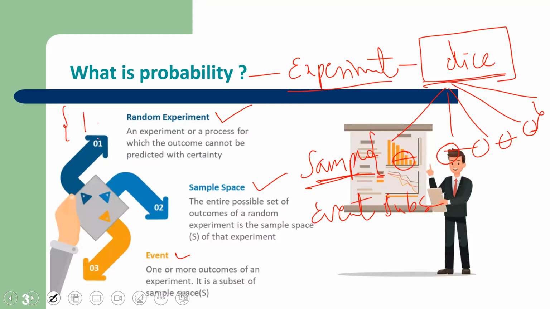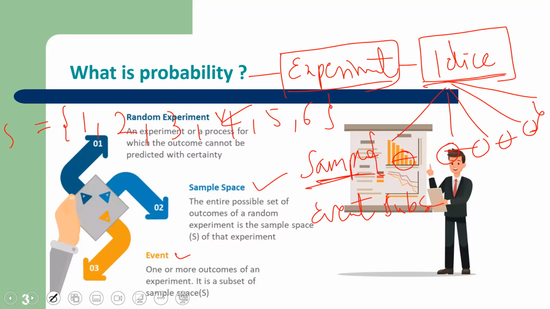I can get 1, 2, 3, 4, 5, or 6, any face of the dice if I am throwing only one dice. If I collect all these outcomes and put them together, that will become my sample space.